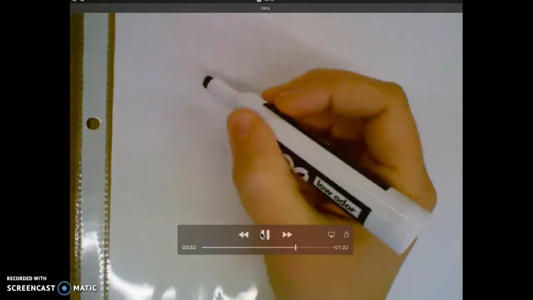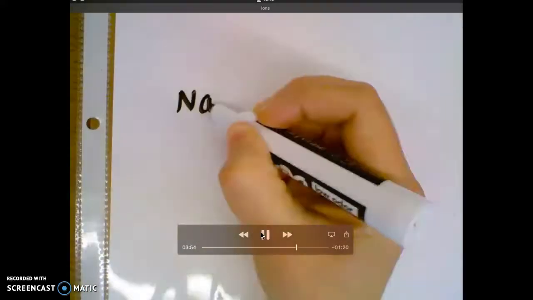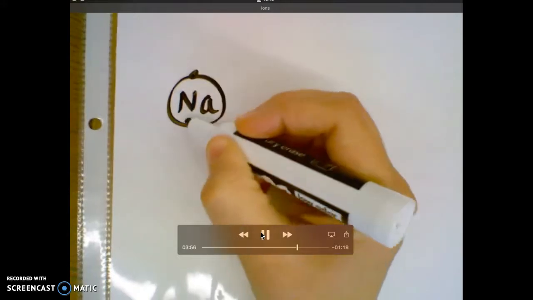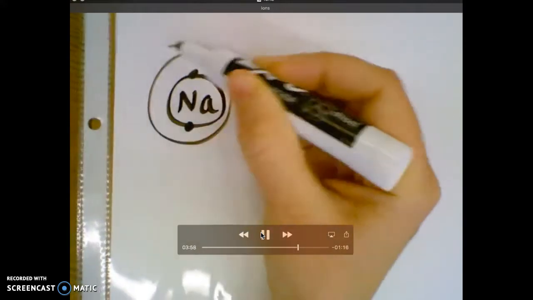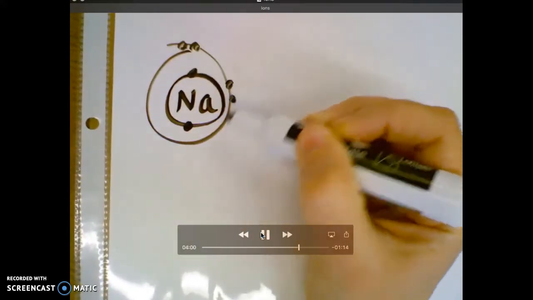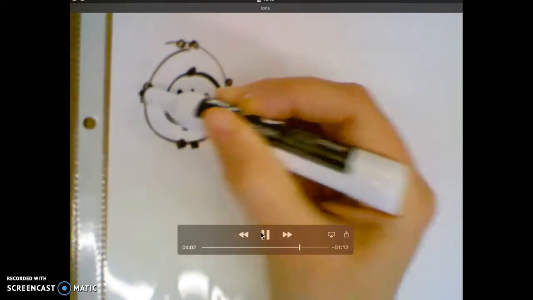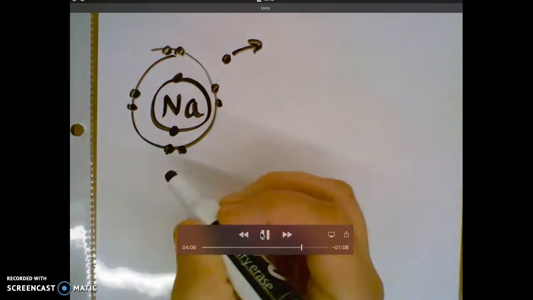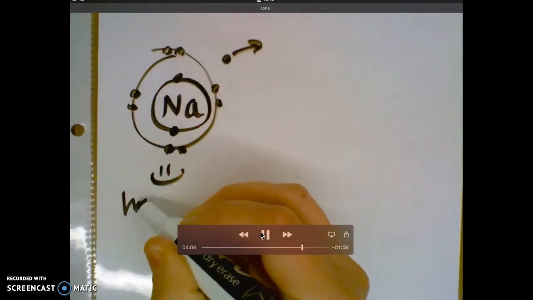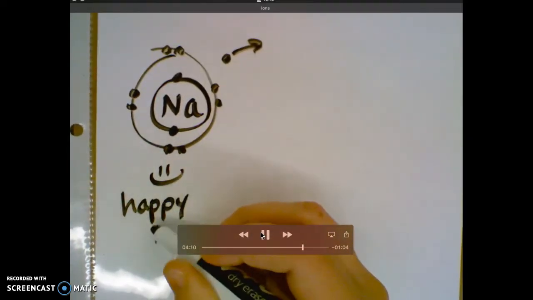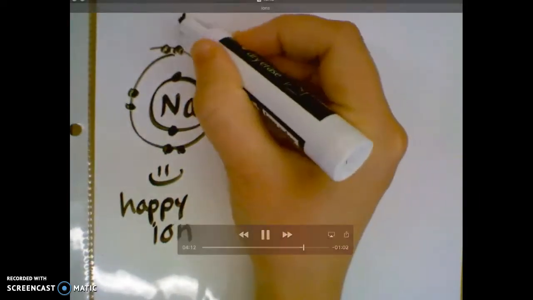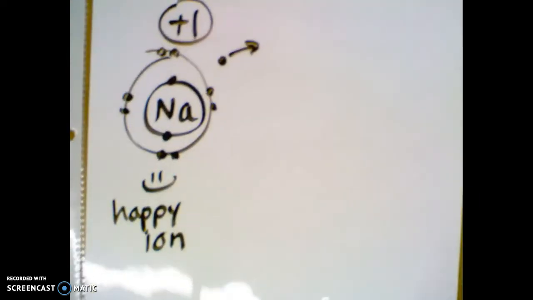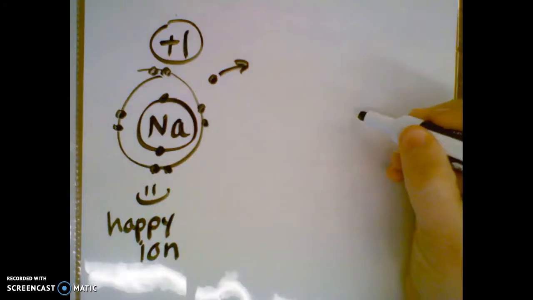Sodium has 1. So we're going to go back, and this will make sense once you see this. Again, I'm going to show a sodium ion with that electron that's up for grabs. Okay, so this is our happy ion with this positive 1 charge.